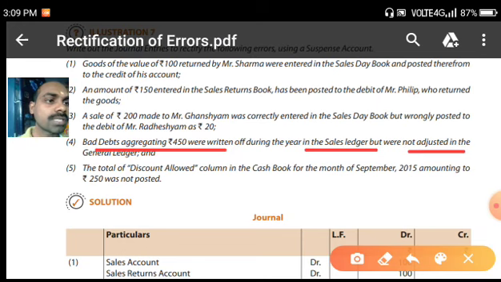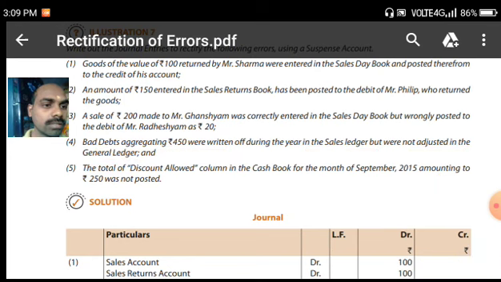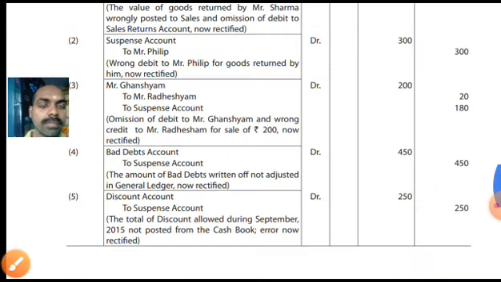That means you wrote correctly in sales but forgot to deduct from debtors. So in the general ledger it is not entered. Now we need to write the journal entry, only partly omitted. So bad debts account debit to suspense account will be your rectification entry. See the fourth one, bad debts account debit to suspense account 450.